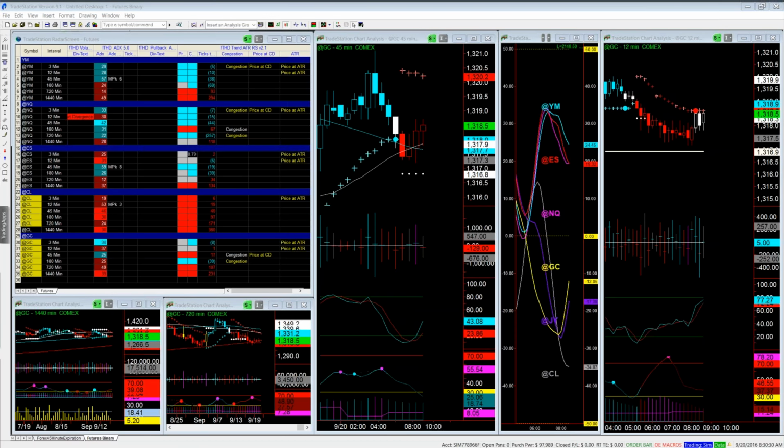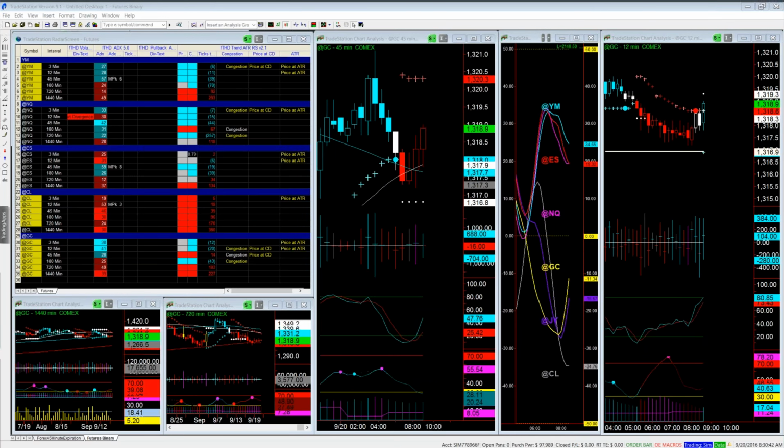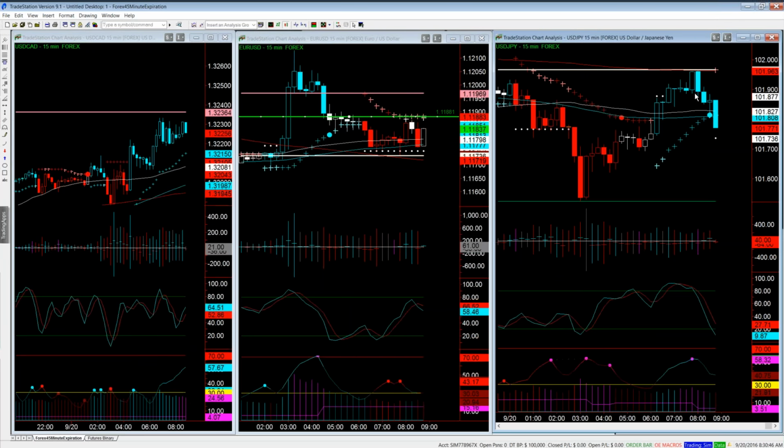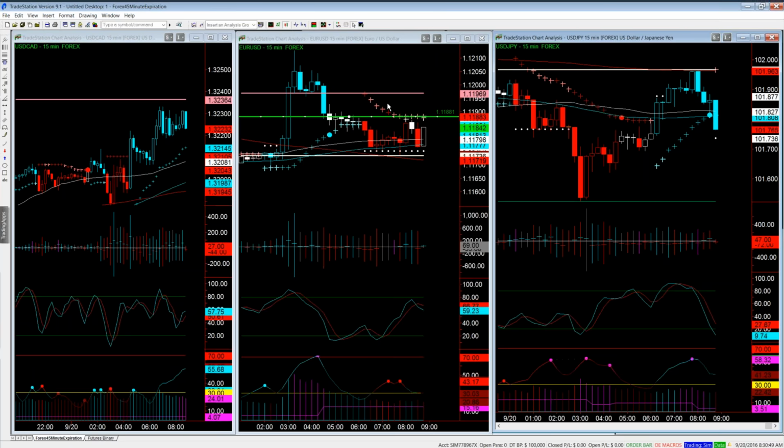Okay, the building permits came in at 1.14 million. They expected 1.17. The housing starts came in at 1.14. They expected 1.19. Okay, so let's go back. Mainly concerned with this one.